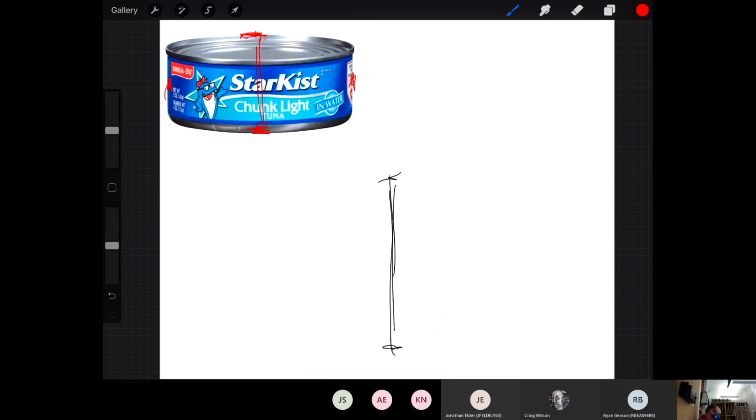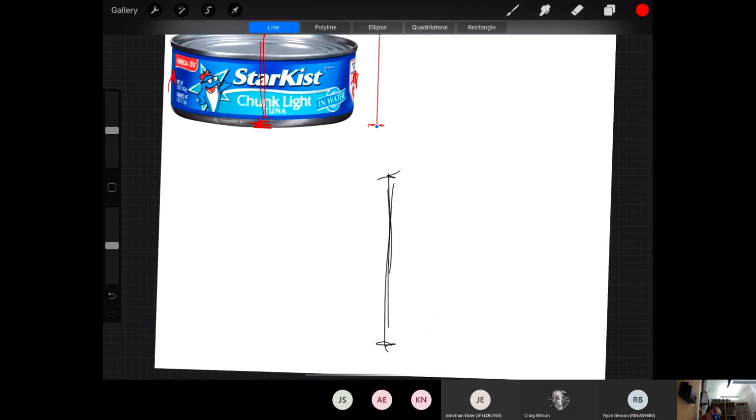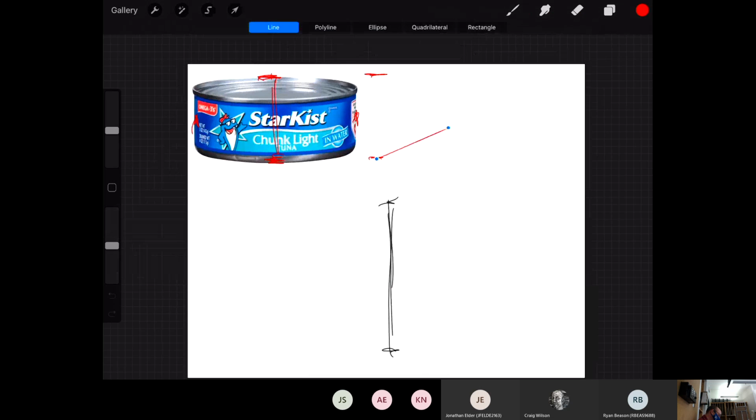How can I do this? So there's our height, right? What do you notice?